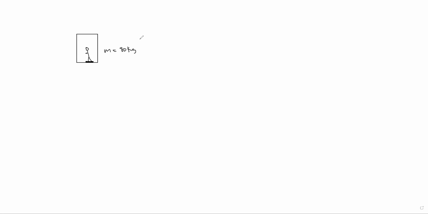And let's say this elevator accelerates upward, with an acceleration of, let's say, 3 meters per second squared.